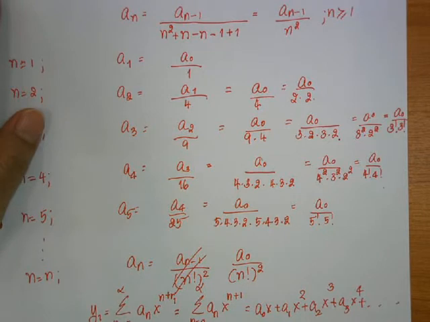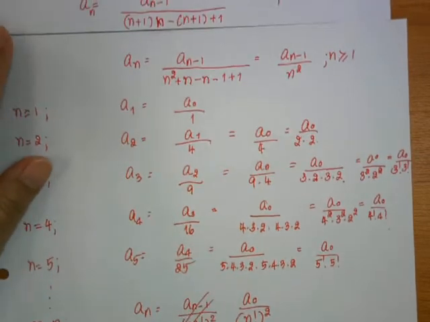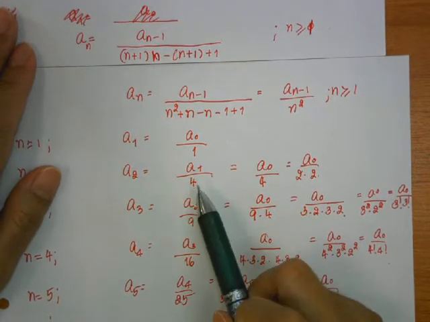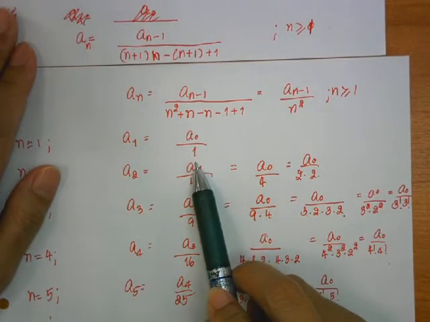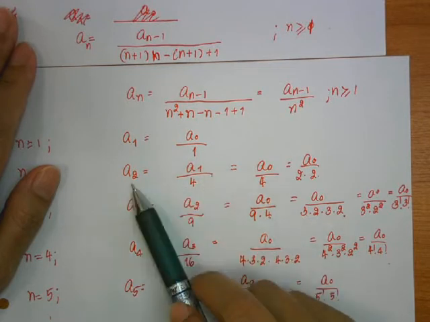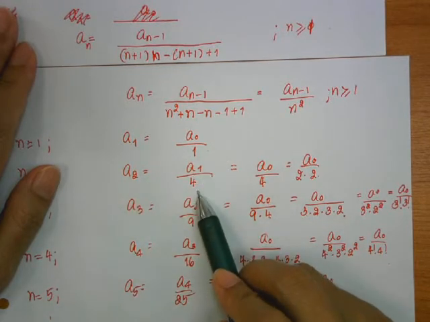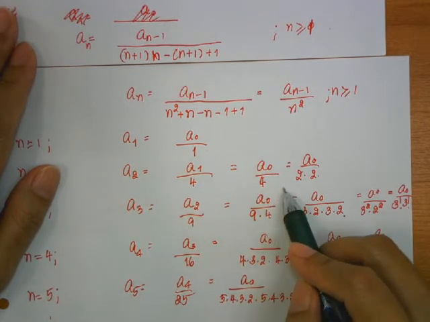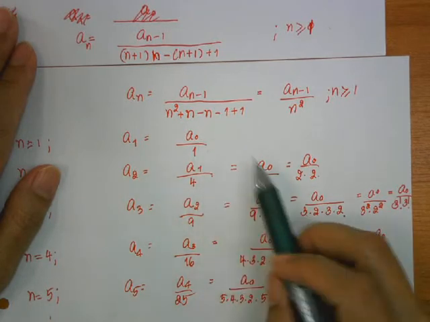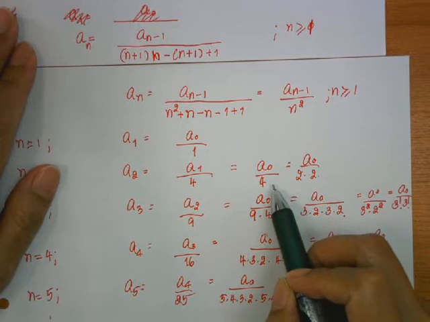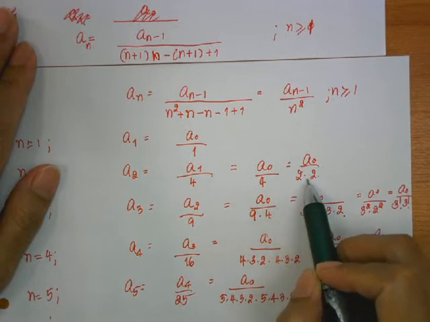If you see the pattern, you know that a1 is equal to a0 divided by 1, and 1 is just 1 times 1. a2 is equal to a1 divided by 4, and 4 is 2 times 2. But a1 is equal to a0 divided by 1 times 1. So you have two sets of the number.